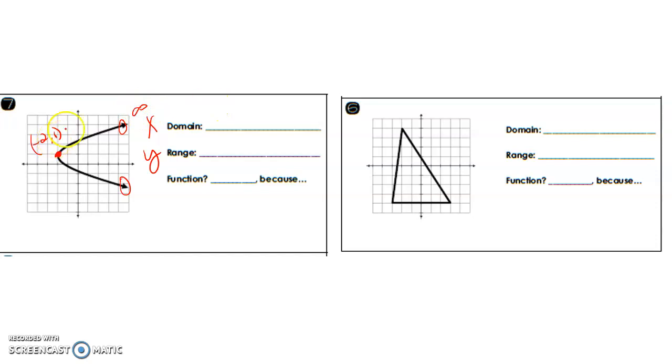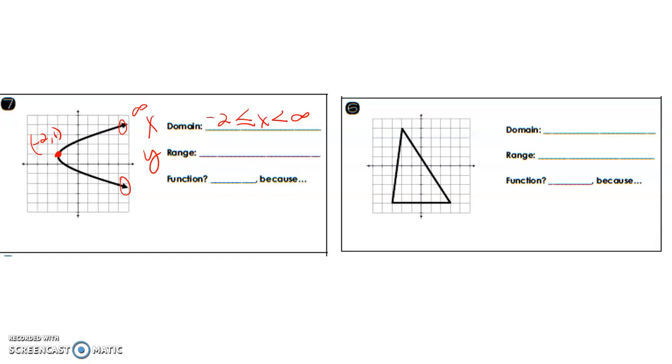So my domain this time is going to go from negative 2, because it's the x value. That's a closed circle. There was no gap or open circle there. So less than or equal to x. And then we can only be less than with infinity. So x is greater than or equal to negative 2, but less than infinity. So we're including all that space between negative 2 and infinity.